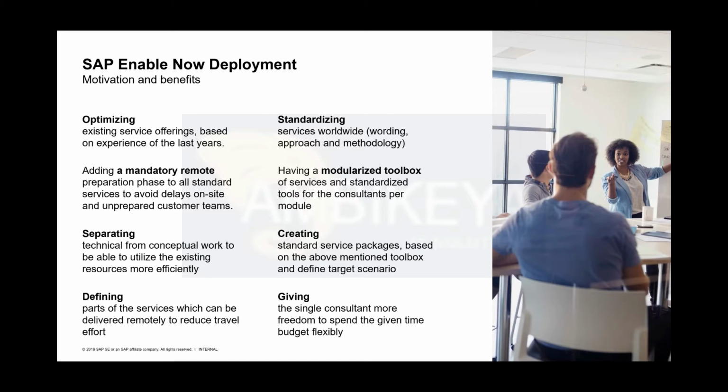There are delivery documents in place already, and they will grow fast. The complete team of Enable Now champions is working on that, but part-time. They are all regular consultants on site having customer jobs, so we cannot spend 100% of our resources here.